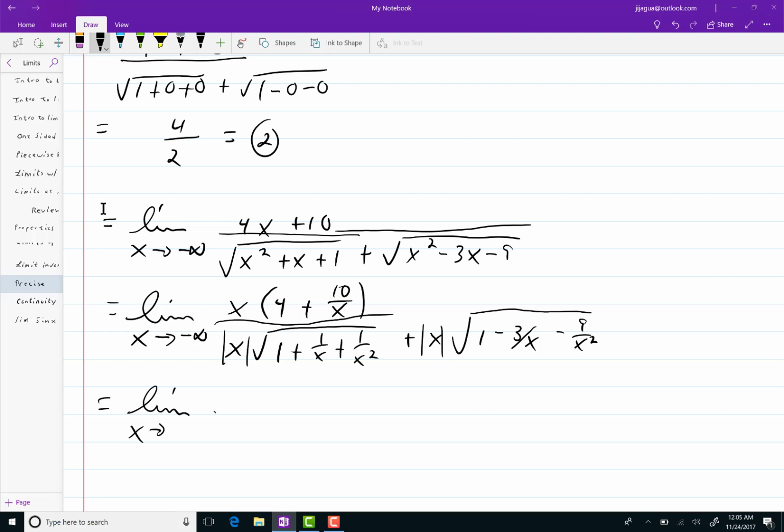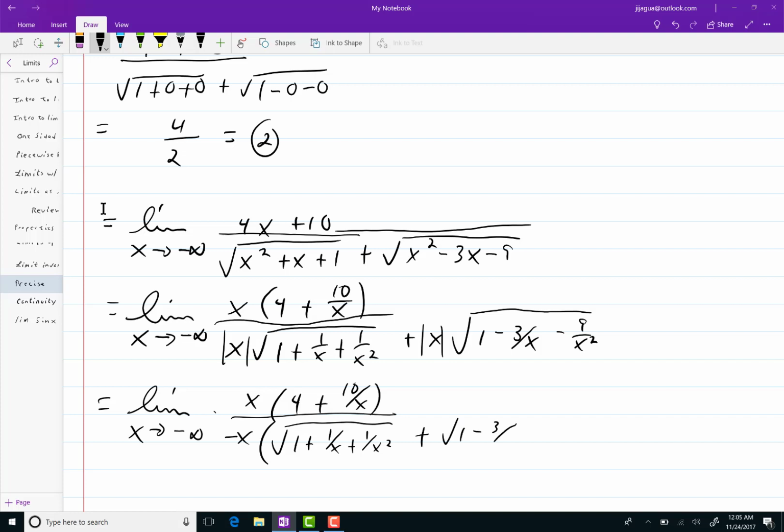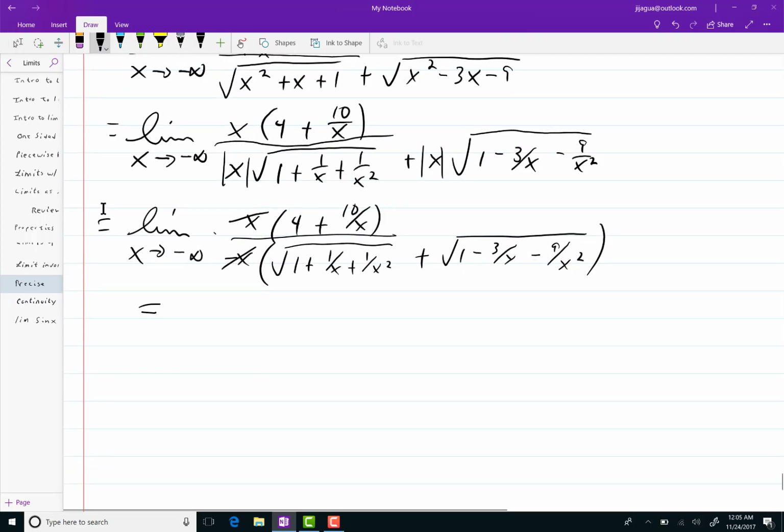So you would have had to rewrite this as the limit as x goes to negative infinity of x times 4 plus 10 over x, divided by negative x times the square root of 1 plus 1 over x plus 1 over x squared, plus the square root of 1 minus 3 over x minus 9 over x squared. With that in mind, now when you do your canceling, it's not straight up canceled. You have that negative to account for. So what we end up with in the end is not 2, but negative 2.